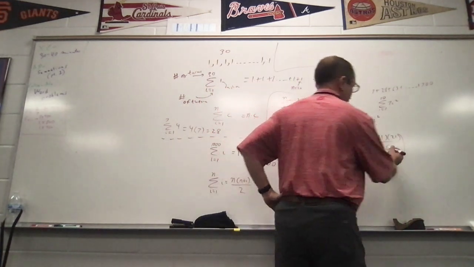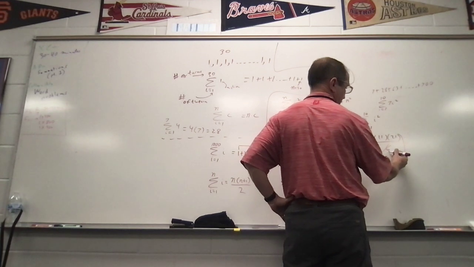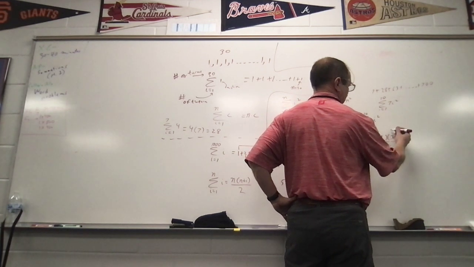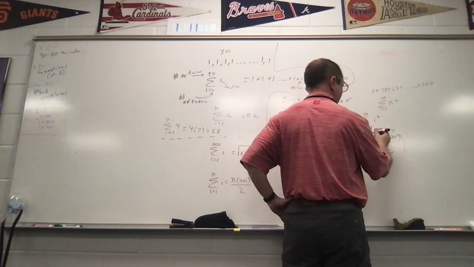Well, let's simplify. This 6 would become 2, and this 21 would become 7, and then that would make that become 5.